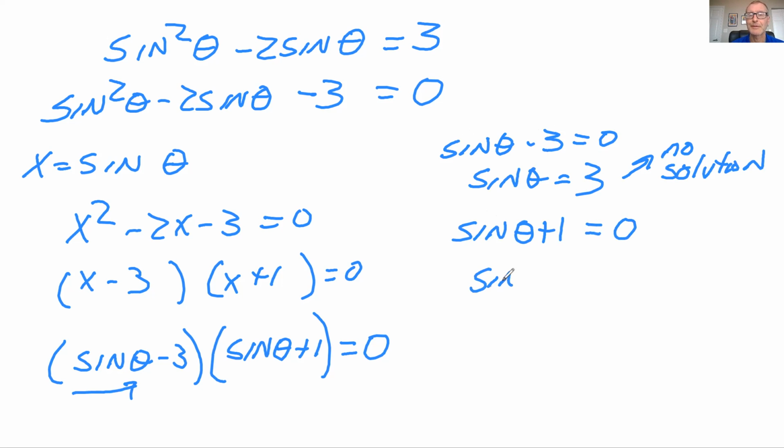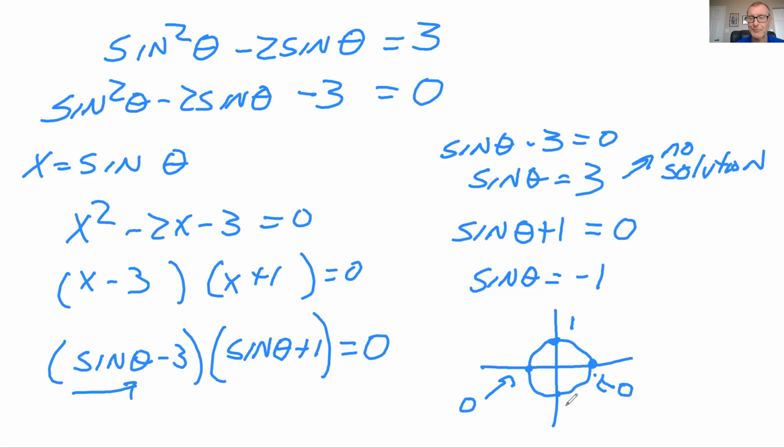So this would be sine of theta equals minus 1. Minus 1 is okay. So where does minus 1 occur? If you think about our graph, sine of theta equals 0 at theta equals 0. I'm sorry, this is 0 and this is 1. Remember, it's the y value. I got myself confused. So this would be sine of 0 here and 0 here, and this would be 1, and this would be minus 1.